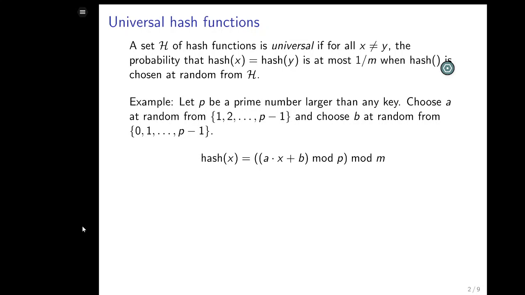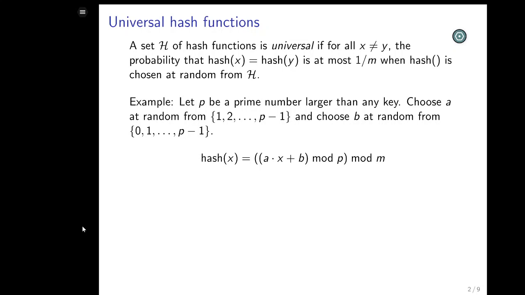So we're going to look at a definition of a universal hash function set, which has this nice spreading out property, and then we'll look at an example of that to see what could be done in practice.